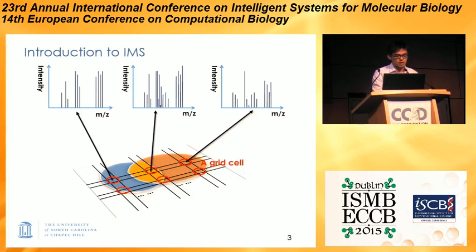The mass spectrum has the number of ions for each particular mass-to-charge ratio, which can be viewed as molecular weight. The spectrum can be viewed as molecular signals. From the spectra in all grid cells, we can infer what molecules are present in any grid cell. So we can say IMS is a technology that helps find the molecules and their spatial distribution.